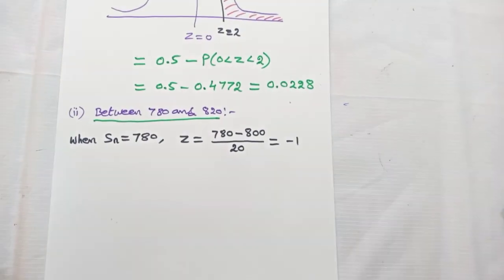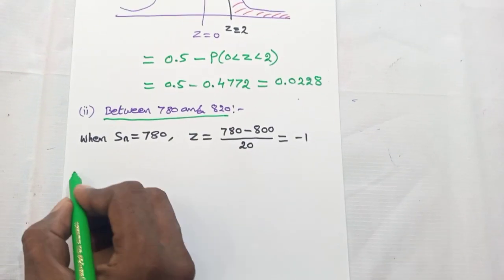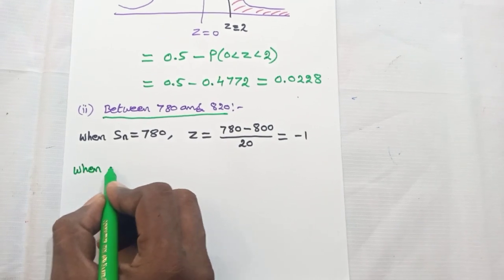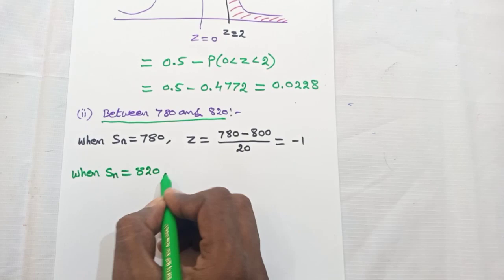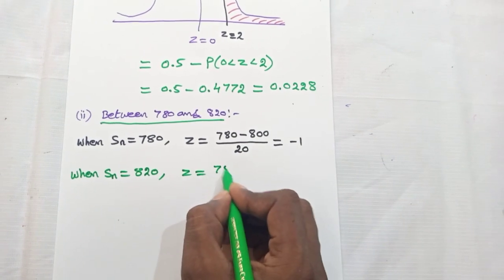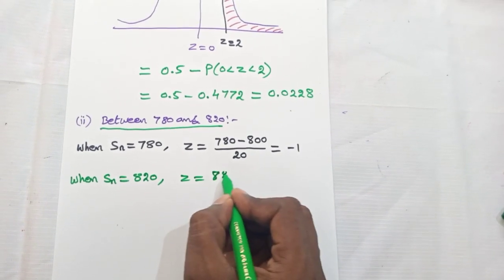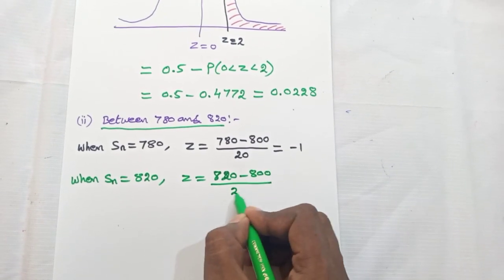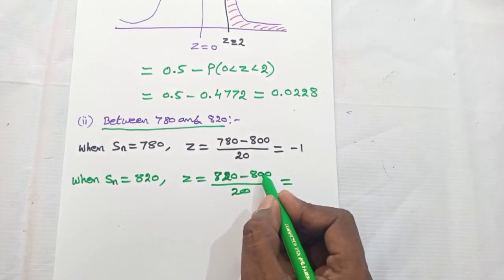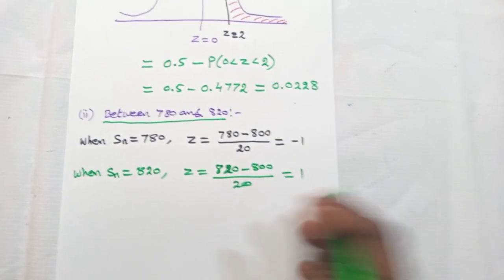Next, when Sn is equal to 820, Z is equal to 820 minus 800 divided by 20. So 820 minus 800 is 20, and 20 by 20 is 1.